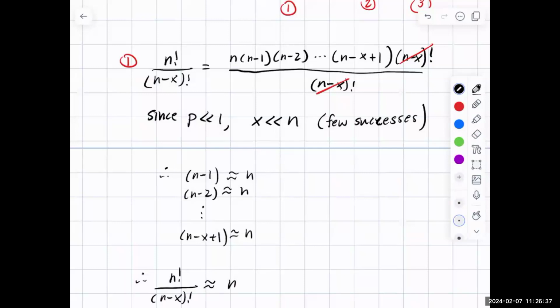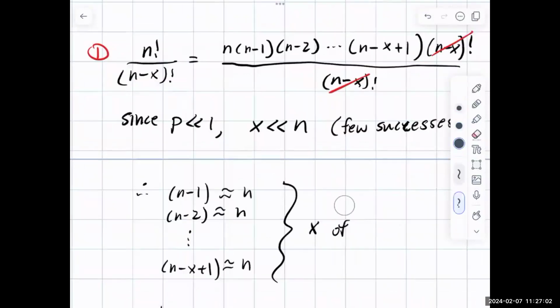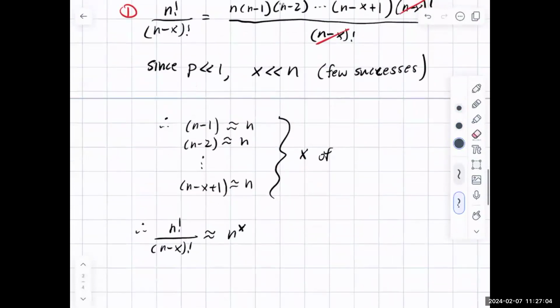So there are a total of X factors in this combination, because we have the minus X plus 1, or let's say that's X minus 1, but then we have the case where X equals 0, so we have to add 1 for that case, and so it ends up being X factors of N. So there are X of these factors.